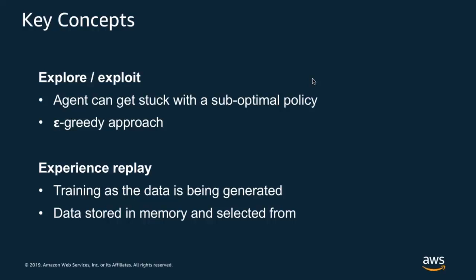And the other concept here is what we call experience replay, where the training data is being generated within the simulation environment, and it is being used to train at the same time. So it gets stored into a memory data store and it gets selected from.